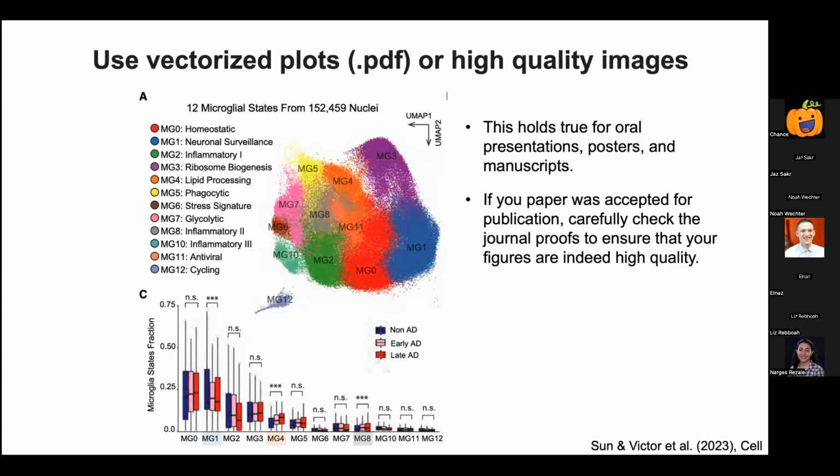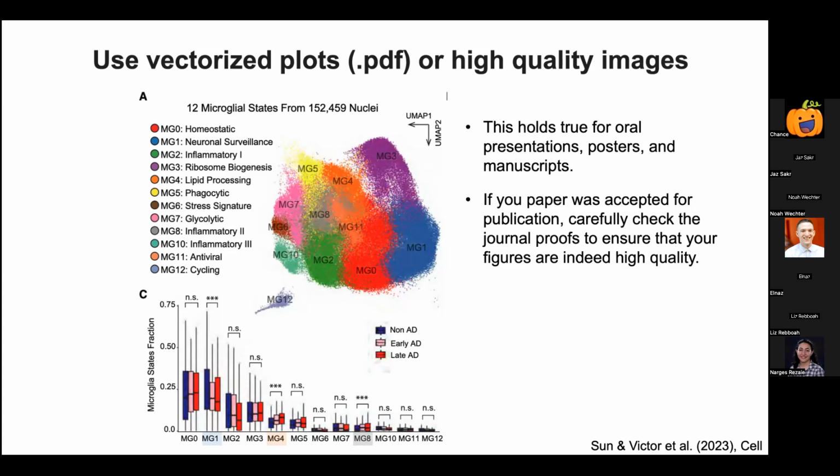I think something I do, this is just a personal thing, but when I make figures, I check them on another, totally different device than the one I'm making the figure on. I have an iPad, so I will look at my iPad and be like, okay, now it looks good.